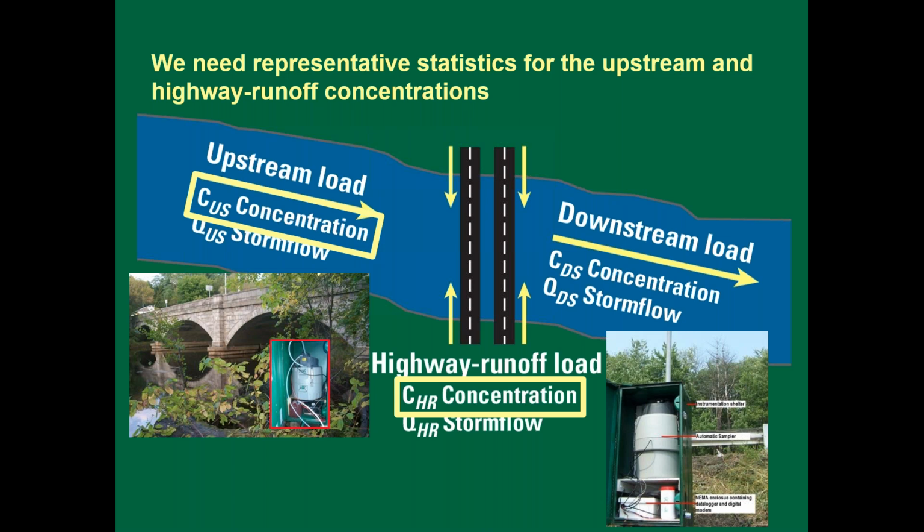For example, in southern New England, we put road crossings into StreamStats, and we found that there were about 10,000 road stream crossings in southern New England, and we had data from only about 10 highway runoff monitoring sites, and only about 80 stream sampling stations that we were able to use, and that was only for some of the most commonly measured water quality constituents.